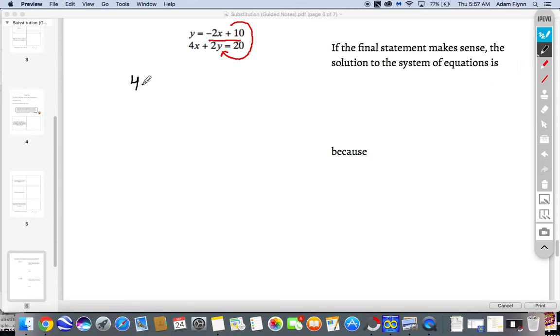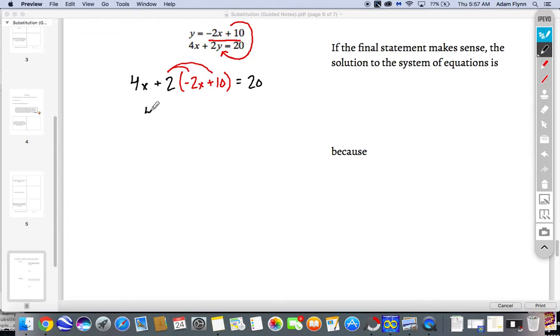So I have 4x plus 2, but instead of y, I have negative 2x plus 10 equals 20. If I simplify, I have to distribute the 2 to everything inside the parentheses.